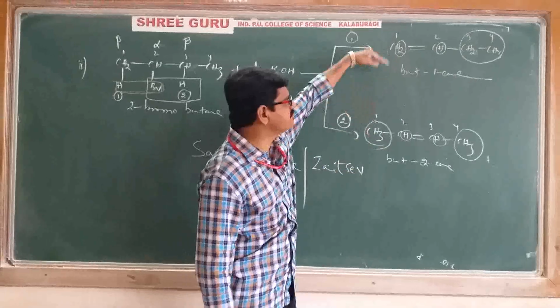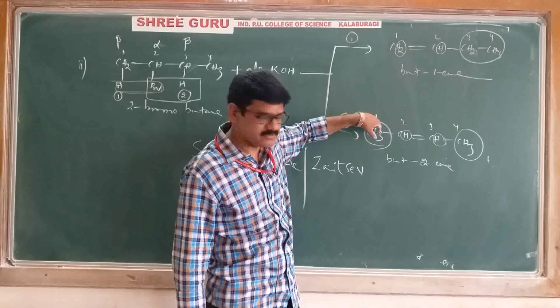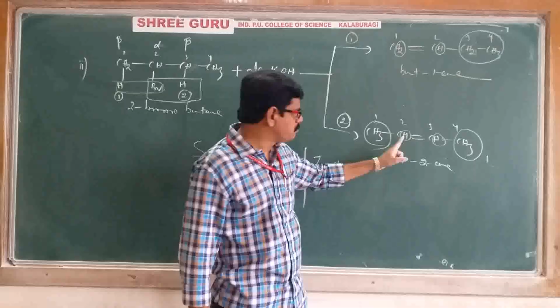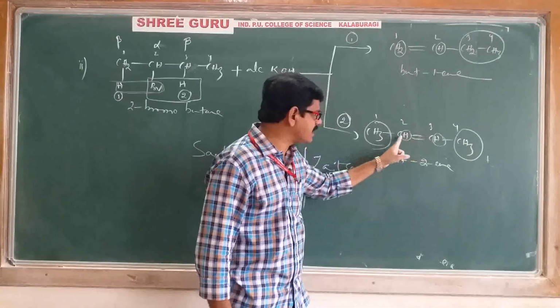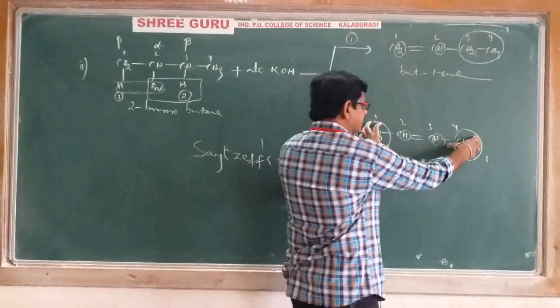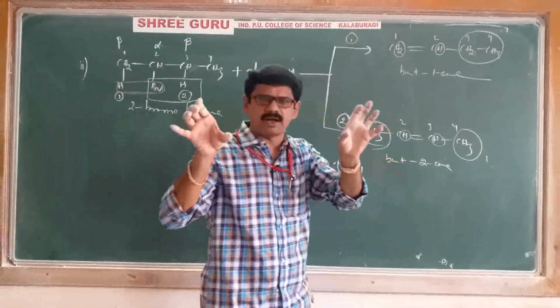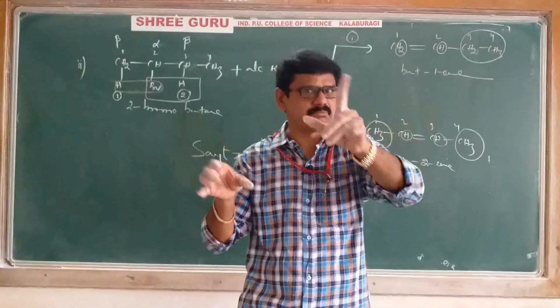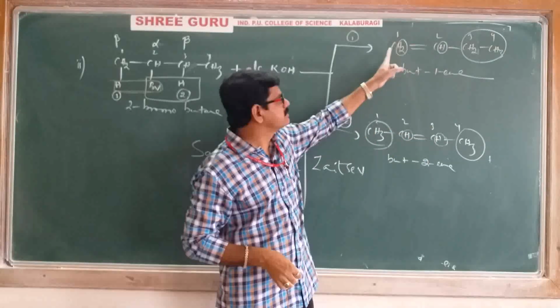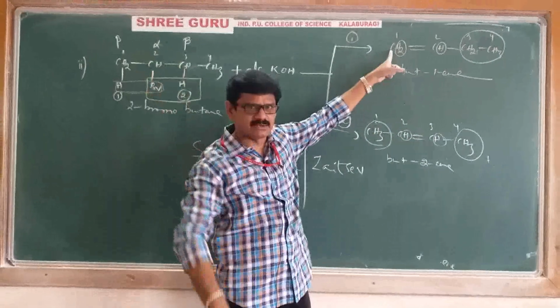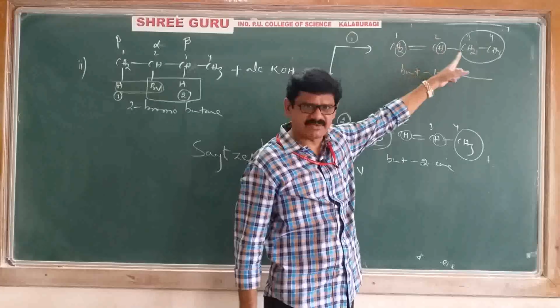What is the difference between these 2 alkenes? In this alkene, both double bonded carbon atoms are having alkyl groups. But here, this double bonded carbon is not having an alkyl group. Only this double bonded carbon is having an alkyl group.